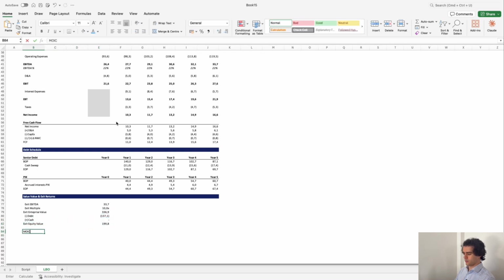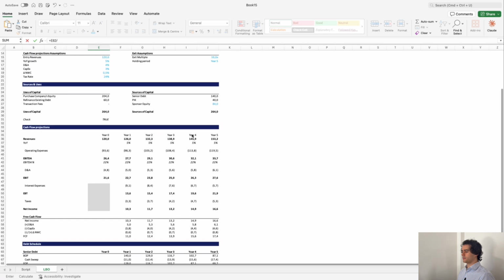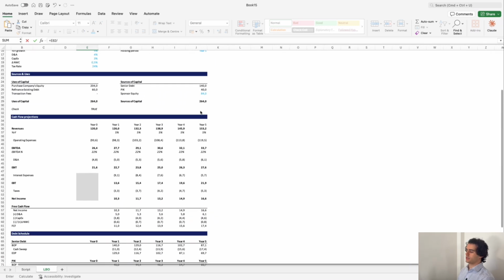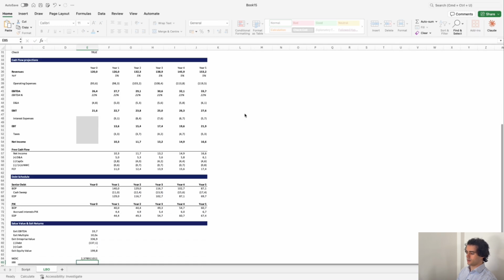And so we can proceed with our MOIC and our IRR. We know that the fund has generated an exit equity value of roughly 200 million euros, and the initial equity investment was 84 million.